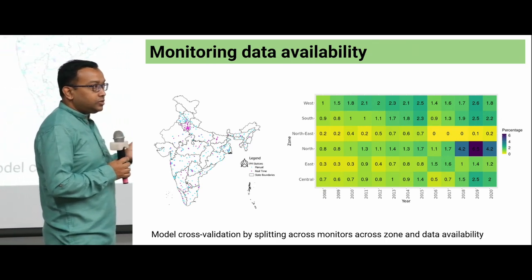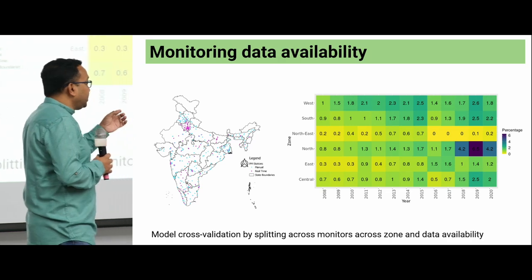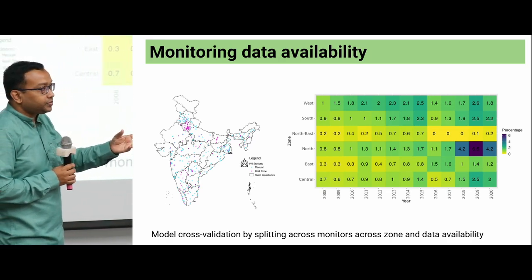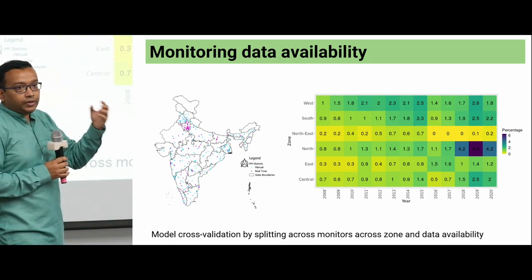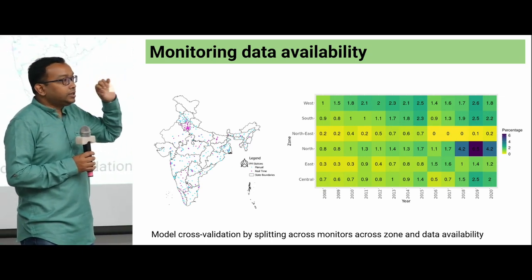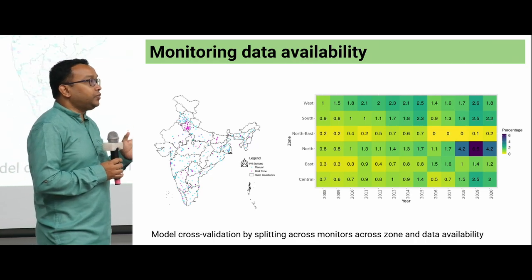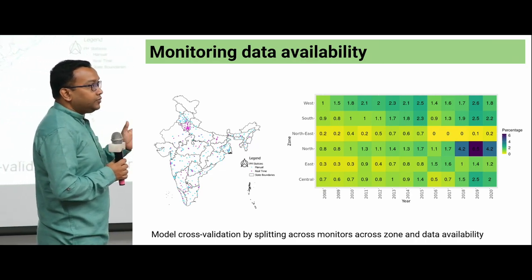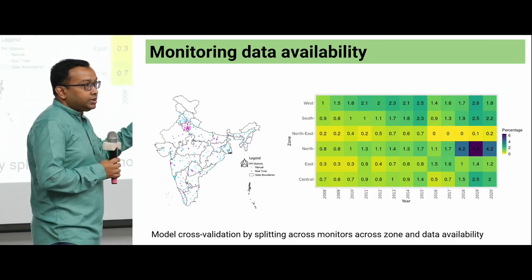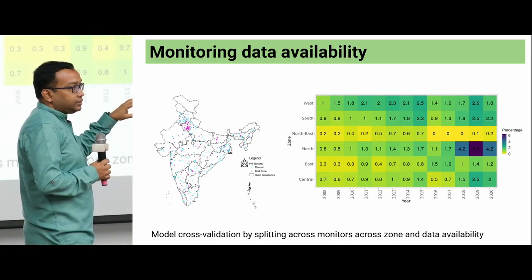So there are 2 or 3 aspects. One is data availability. Each monitor is contributing some percentage of the data, right? If I think of this as 100%, it is coming from different monitors. Let's say one monitor came up in 2016 and has been running for 4 years, versus a monitor running from 2008 and still running, which contributes a lot more.